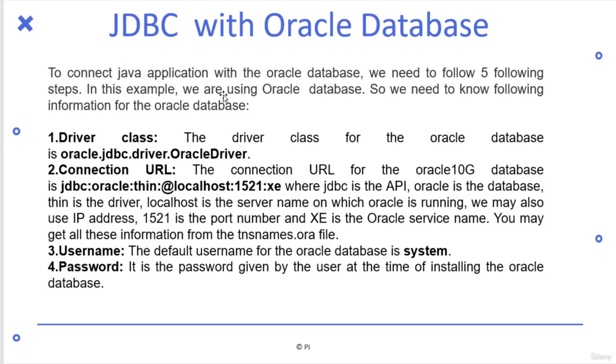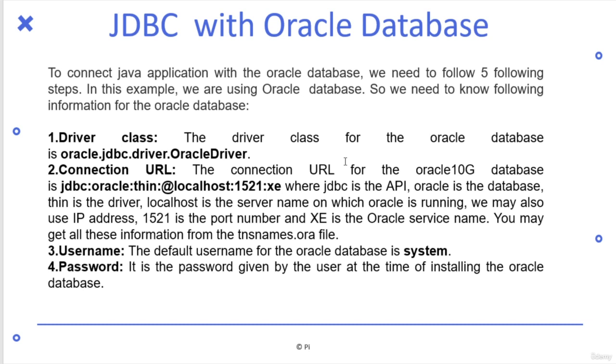For the JDBC of the Oracle database, I already told you, we have to create a driver class first to access everything here. Always remember it is oracle.jdbc.driver.OracleDriver. Then our connection URL for the Oracle 10G database uses localhost with that port number.